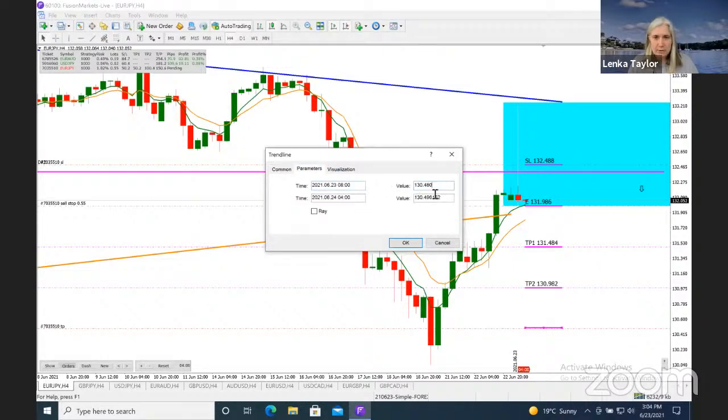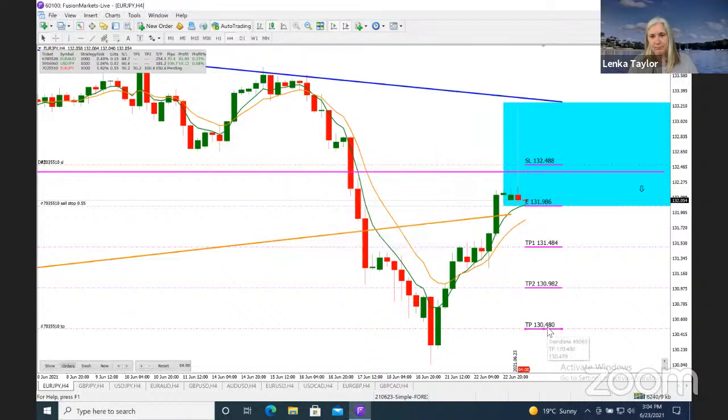And final TP at 130.480. Okay, this is what the trade setup looks like. So this is Euro JPY for a short.